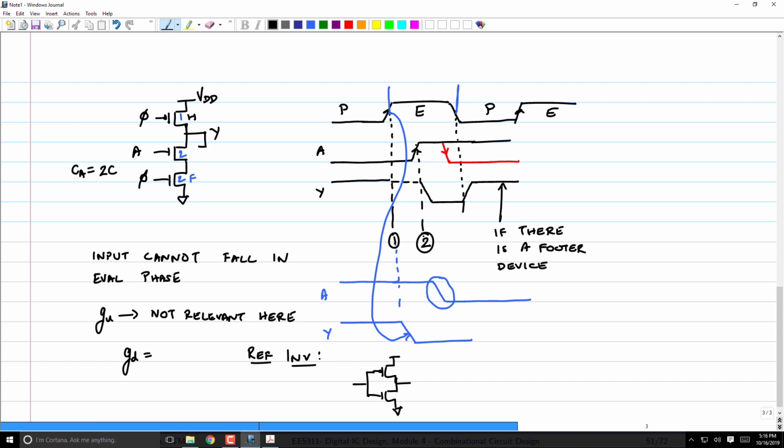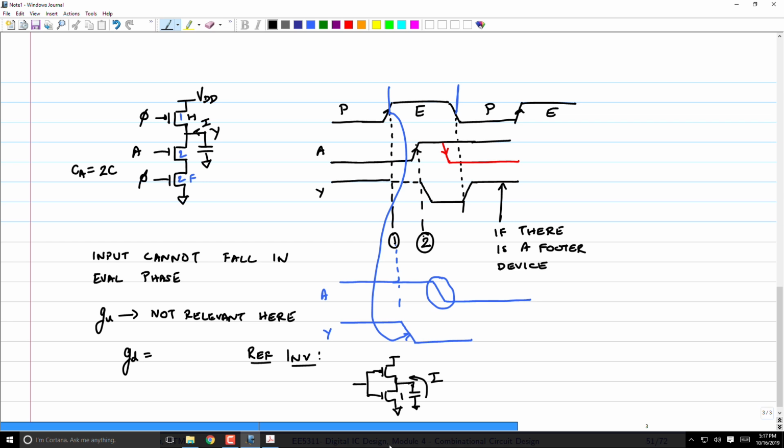So if I have a capacitor here, what is the current coming out of the load capacitor during discharge? I. This is I. And therefore, I have to look at an inverter which can provide the same current as that. So therefore, this has to be I. Which means this has to be how much? 1.